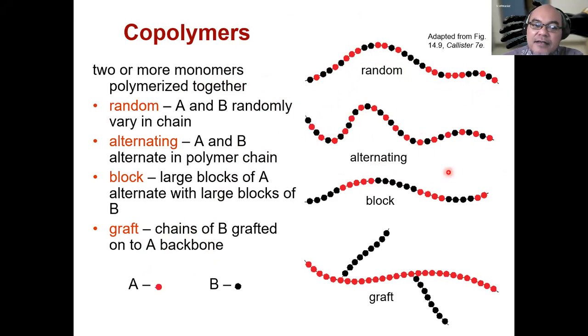It could be alternating, so A and B alternate in this polymeric chain, or it could be large blocks of A alternating with large blocks of B. Otherwise, they make graft copolymers, with chains of B grafted onto the A backbone. Okay, these are different ways of copolymerization.